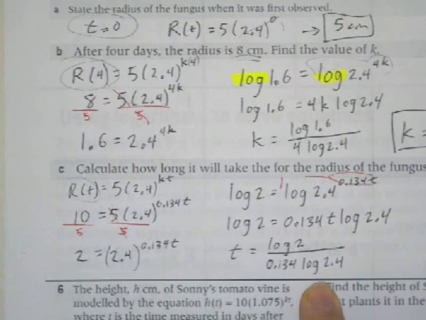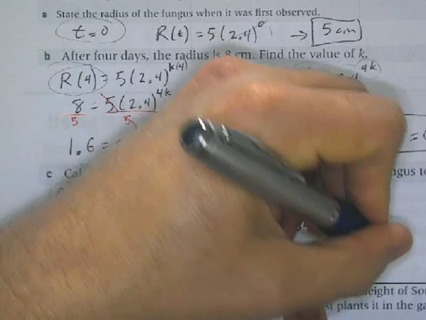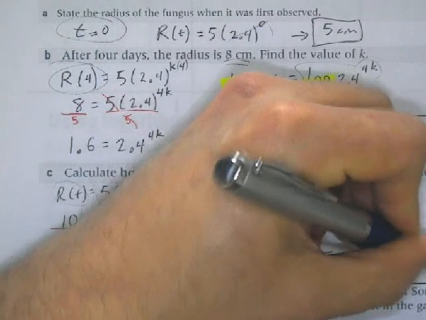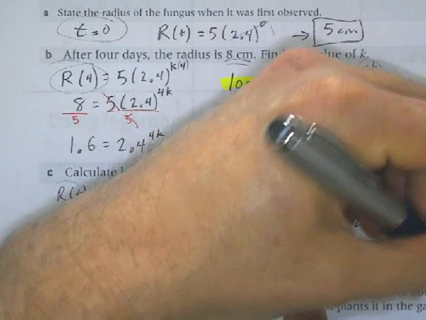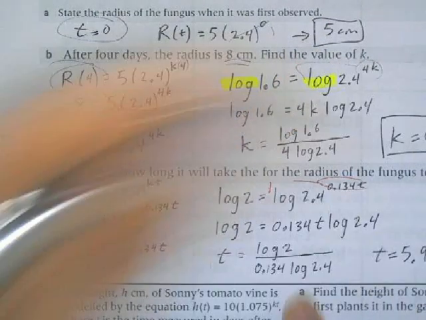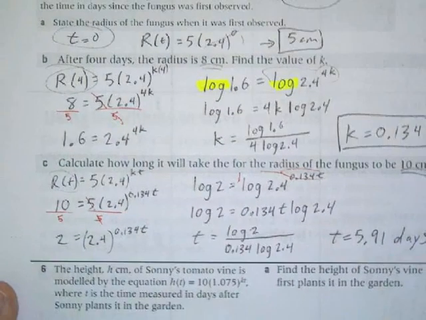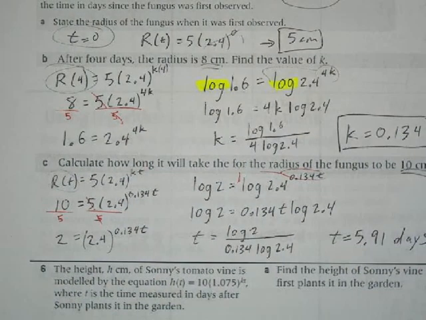So t is equal to 5.91 days. Question 6 is super similar, and I'm just going to show the answers.